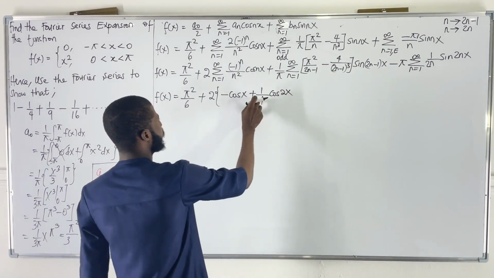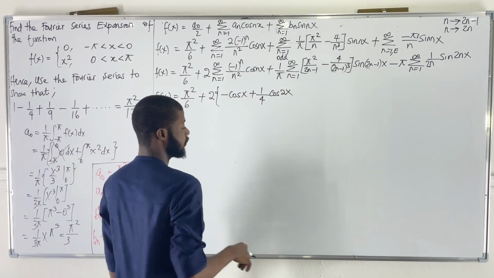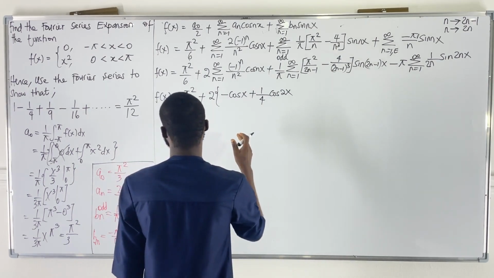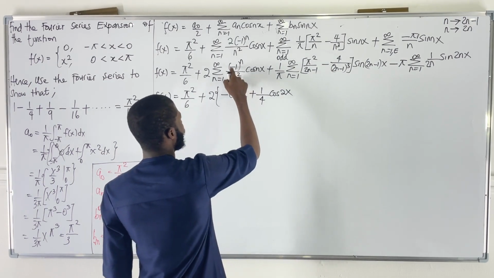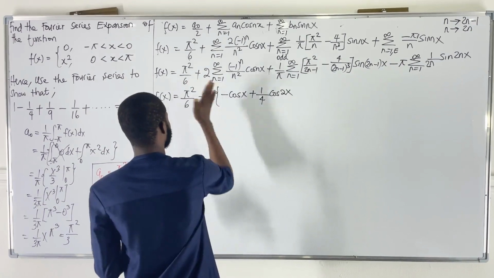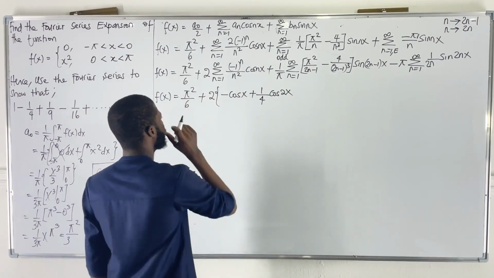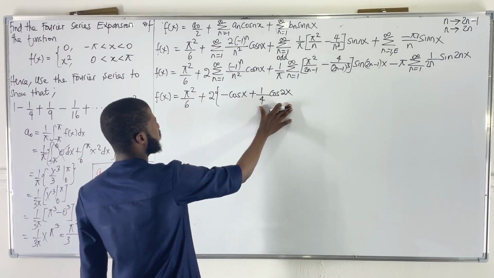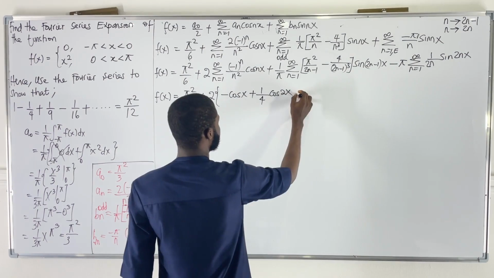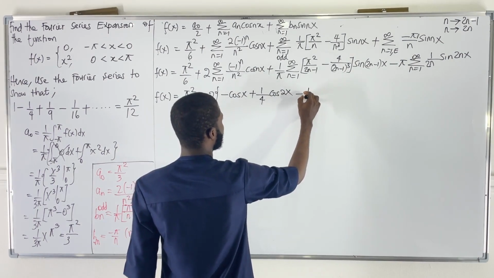Now, the next number you want to put here is 3. So we're going to be having cos 3x. So minus 1 to the power of 3, that's minus 1 over 9.